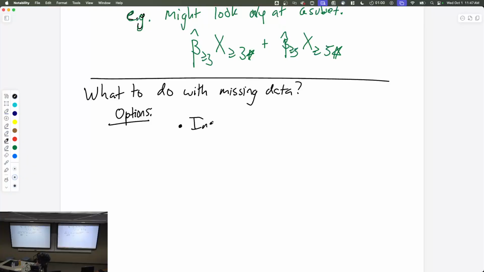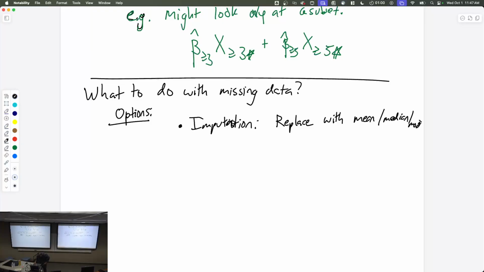So imputation means put in a value. It didn't have a value, you put one in, and you can replace it with the median or mean or mode.